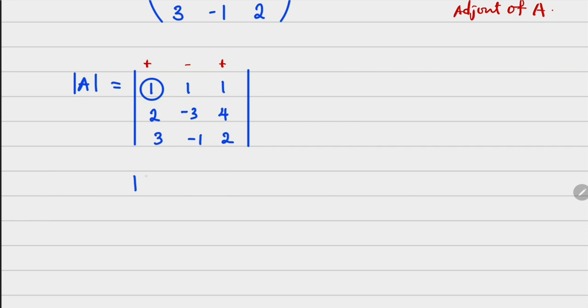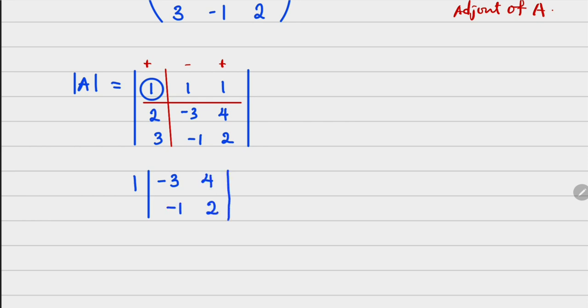What you are going to be left with, once you cover the row and the column that have to do with that 1, will be minus 3, 4, then minus 1, 2.